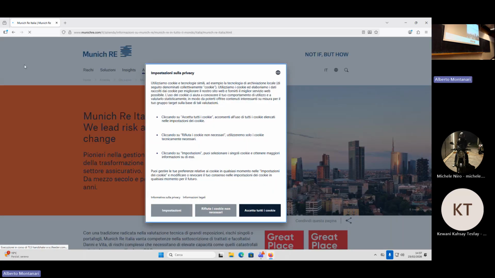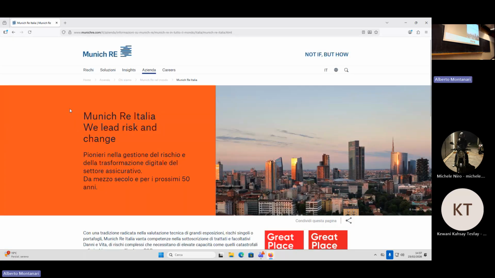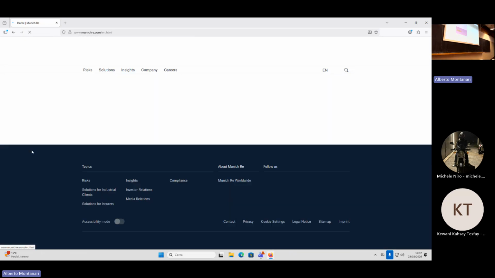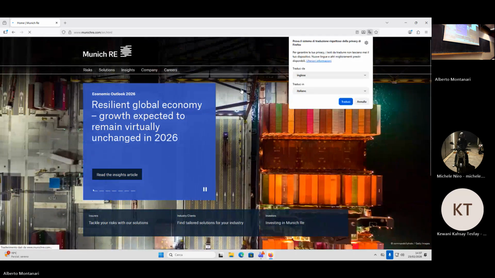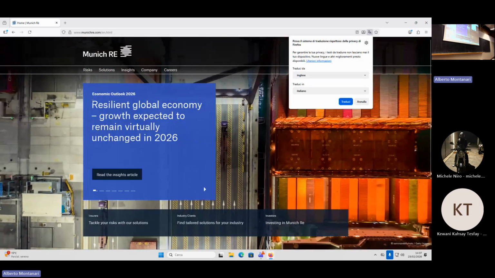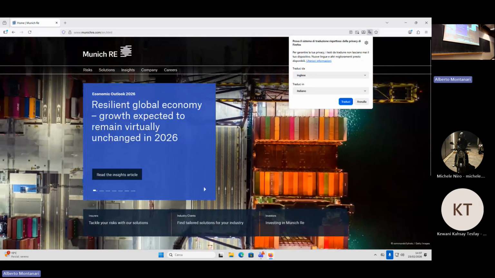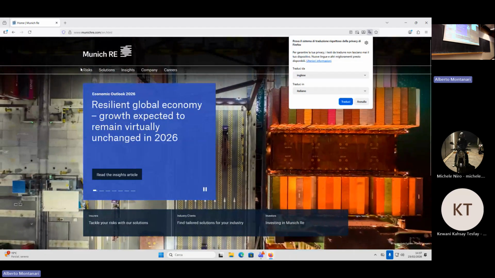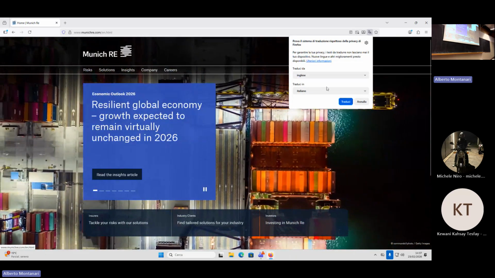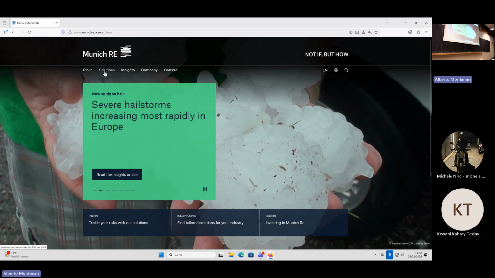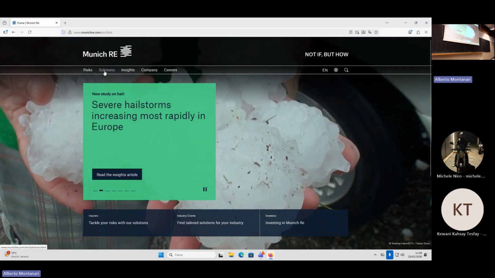And you see, this is now they refer to the Italian part of it. Let me see. I would prefer to go here. Okay. So you see, for instance, now a news, resilient global economy, growth expected to remain virtually unchanged in 2026. And here there are several information, and you can find also data about the impact of natural disasters.